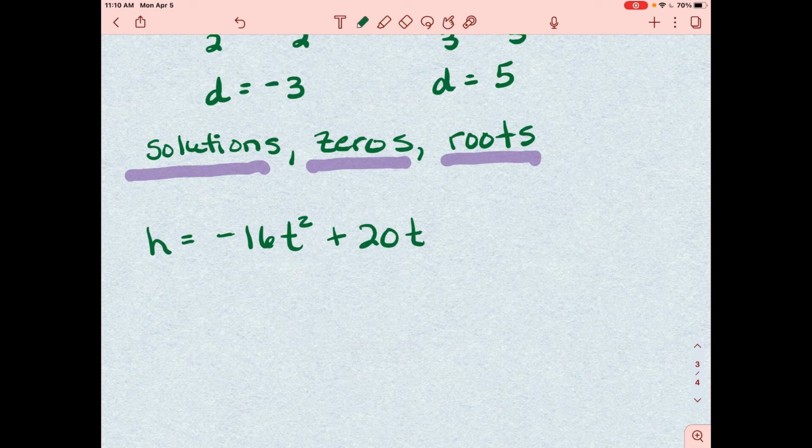That's it. We don't have a constant. Where h is the height of the leap in inches at t seconds. Find the values of t when h equals 0. So if h is the height and h equals 0, we're talking about what time Penny is leaping over the hurdle. What time is she at 0 height?